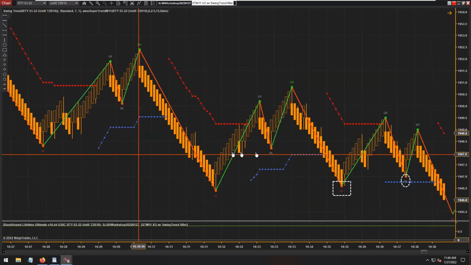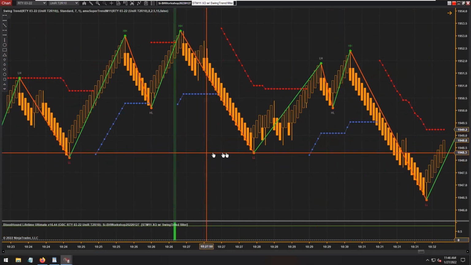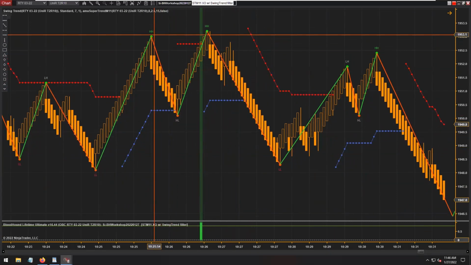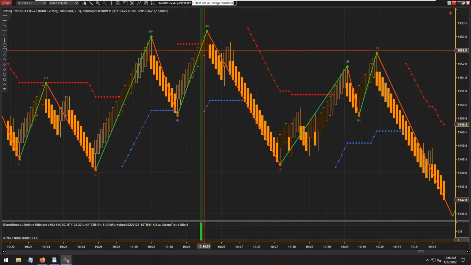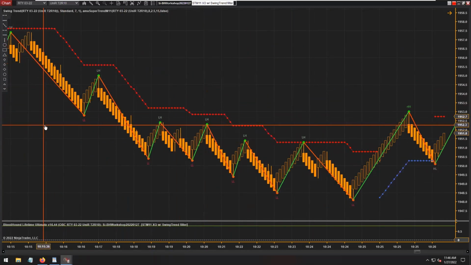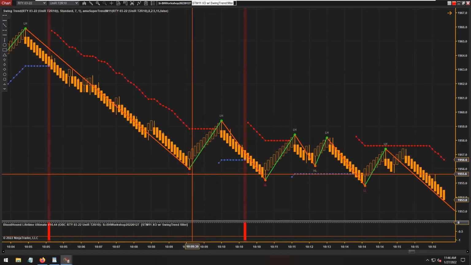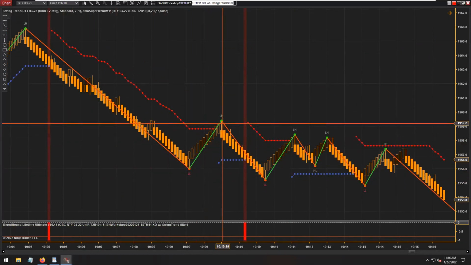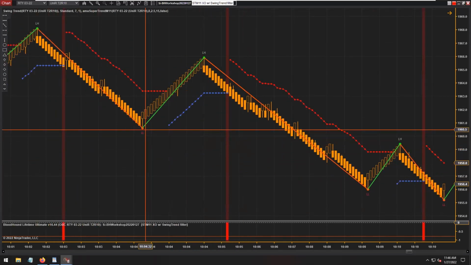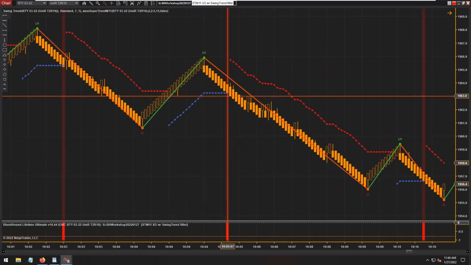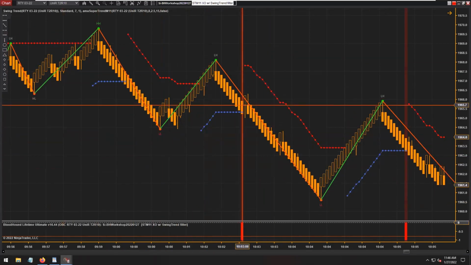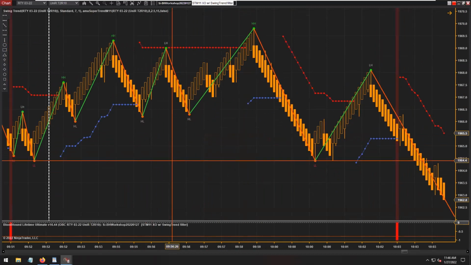So let me keep scrolling back here and let's check these other signals. Yep, so higher high, lower low, crossover. Let's see, lower low, lower high, crossover. So far so good. Lower low, lower high, crossover. Yep, lower low, lower high, crossover.